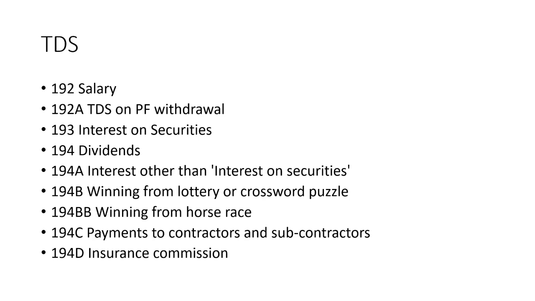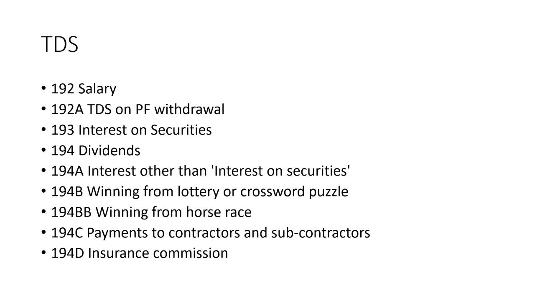194B, winnings from lottery or crossword puzzle. You know, whenever there are winnings from lottery or crossword puzzles, etc., a straight TDS of 30% is payable by the taxpayer, and this will be disclosed in 26AS.